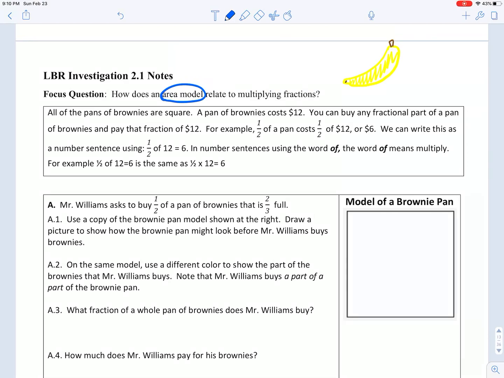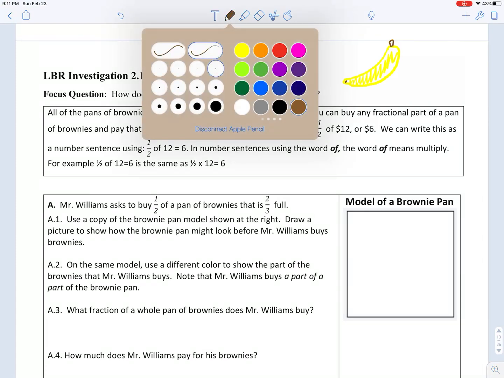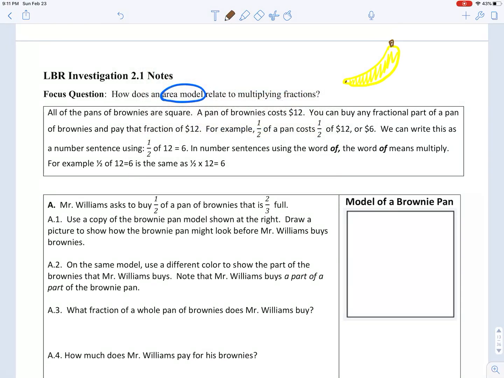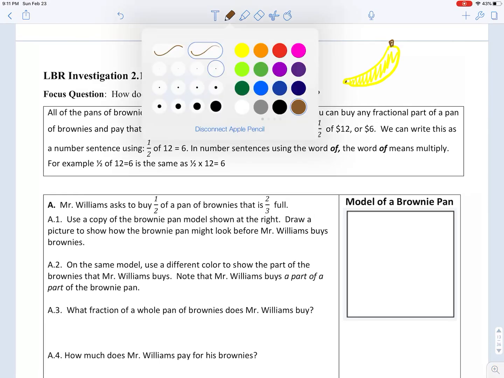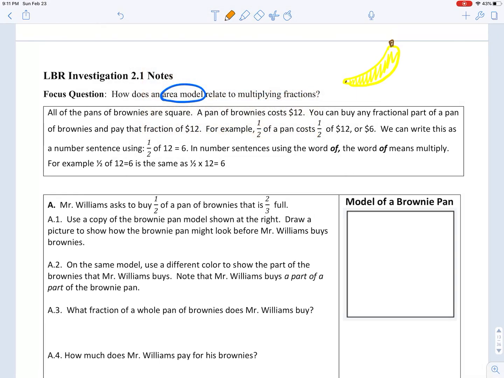Now, I don't know about you guys, but sometimes pictures really help me understand something. Sometimes when people are just talking at you, it's hard to visualize what they're talking about without an actual picture. And a lot of the time the same thing happens in math. There are just different ways to help different people understand the same topic.